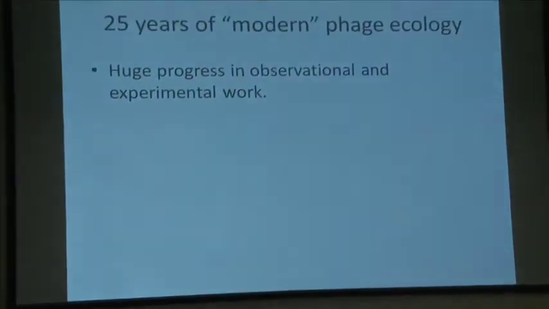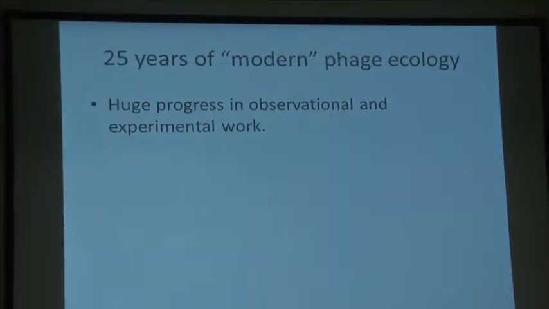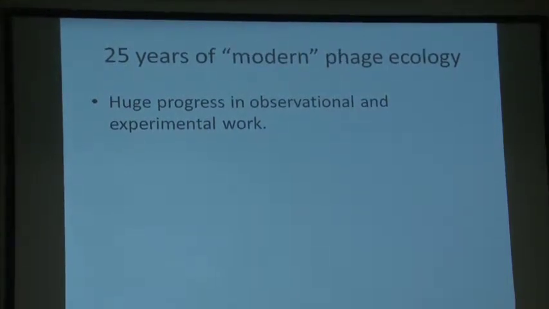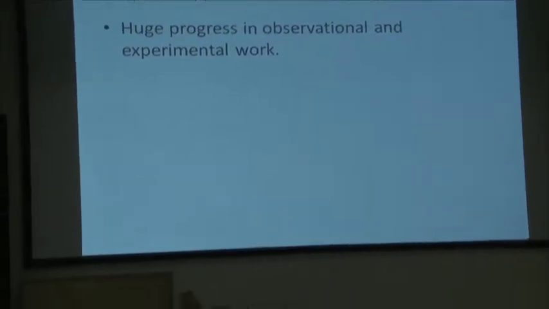Since then, in these 25 years, there has been a huge improvement in our observational and experimental work in this field. I'm not going to review that. Jed Furman gives the next talk, and I think he will give you a lot more on the historical details of this part.